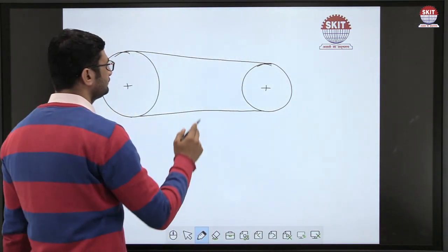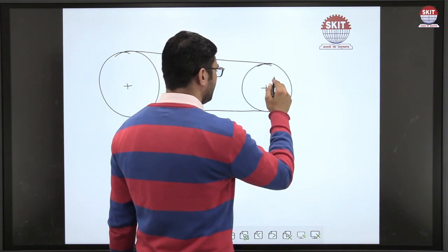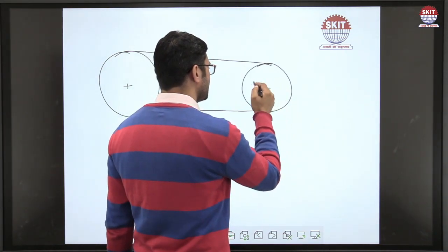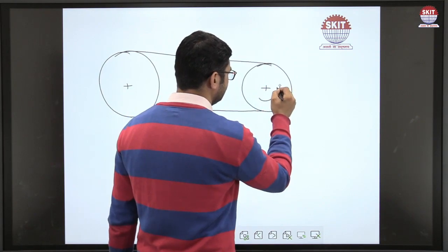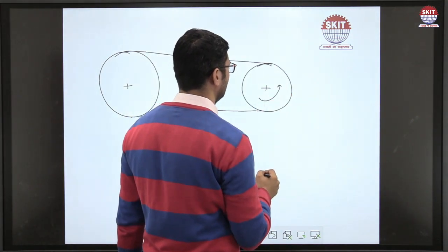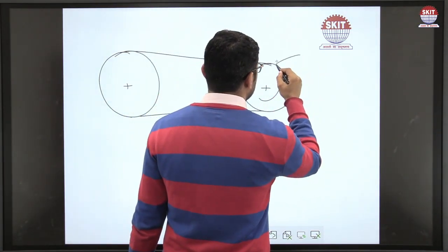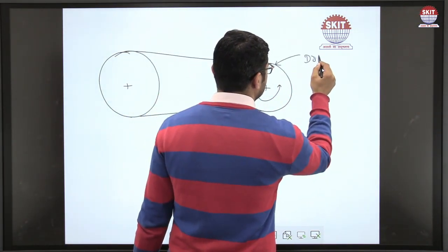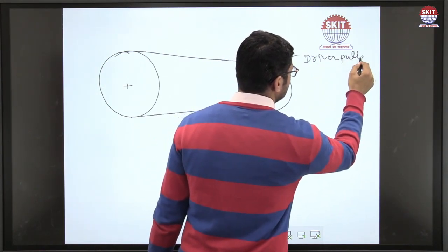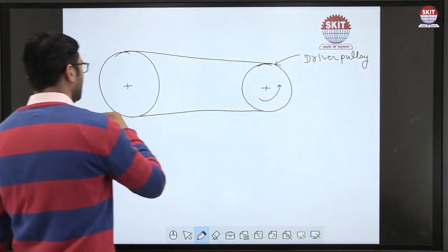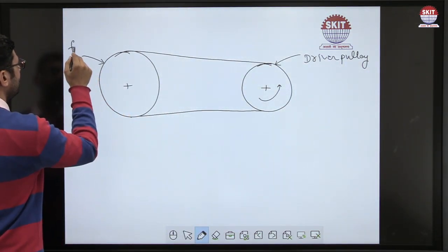Okay. Now this time we supply the power to this pulley in the anti-clockwise direction. So now this pulley is known as the driver pulley, and the other pulley is the follower.